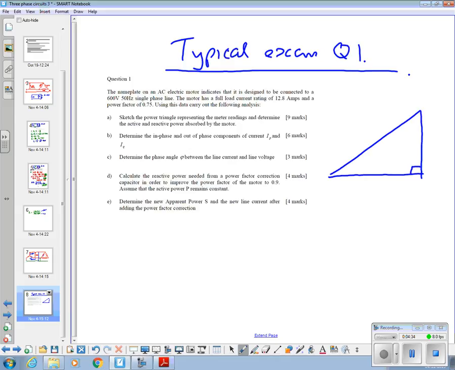Label the sides. How do I label the sides? S, VA, power in watts. What else can I add to that?